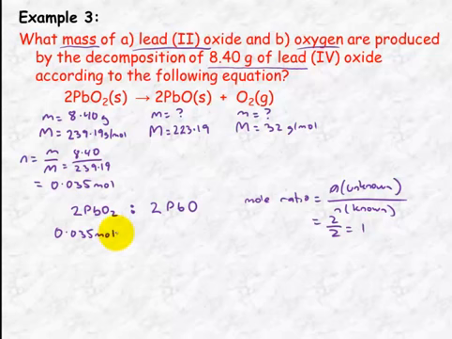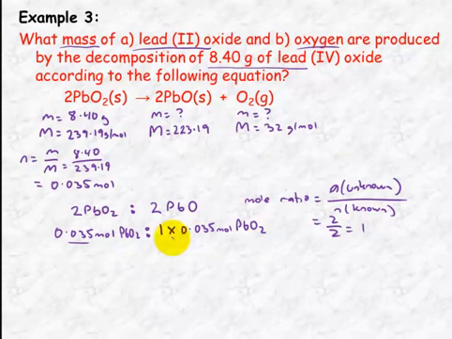So now that we know that we've got 0.035 mole of PbO2, that will produce the mole ratio, which is 1, times the amount here, which is 0.035 mole PbO2.